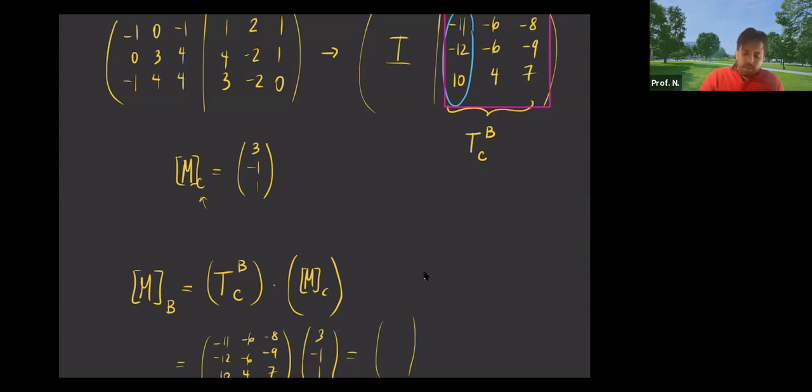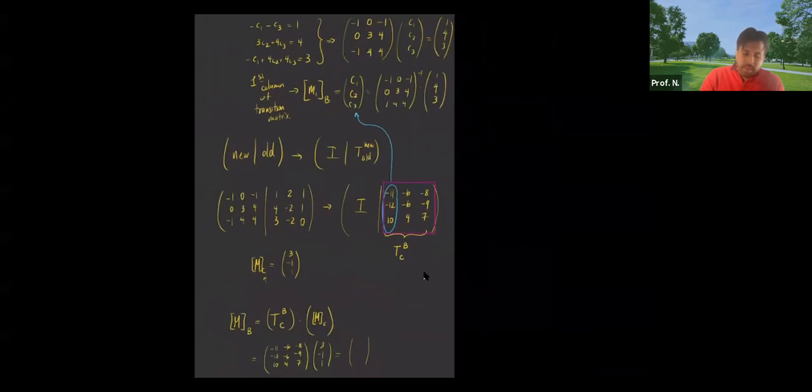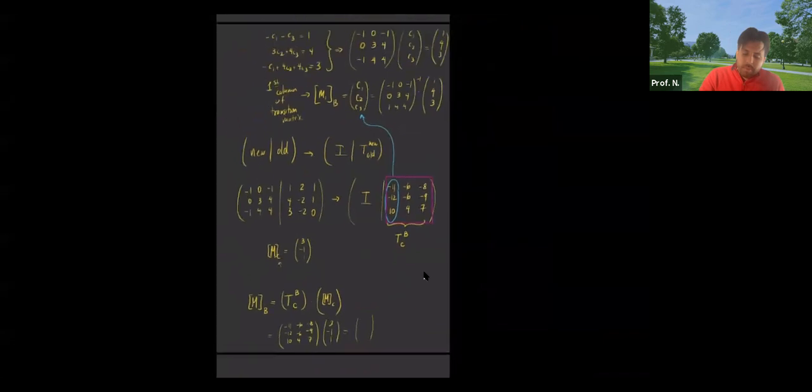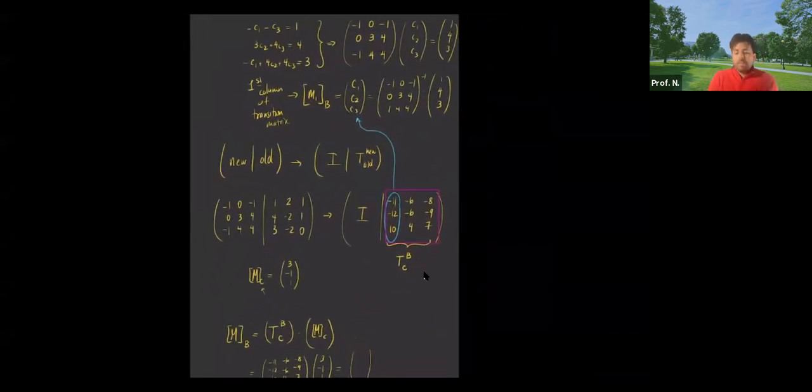Okay, any other questions about this? I hope you start seeing the power of representing different objects in mathematics as vectors. With vectors, we can do a lot. We can manipulate them. We can transform things.